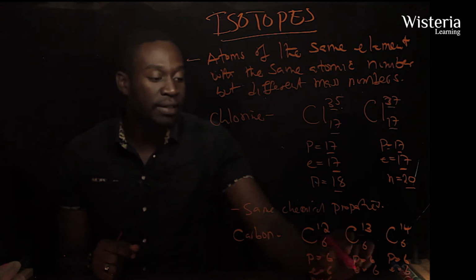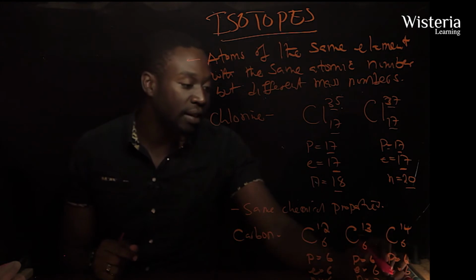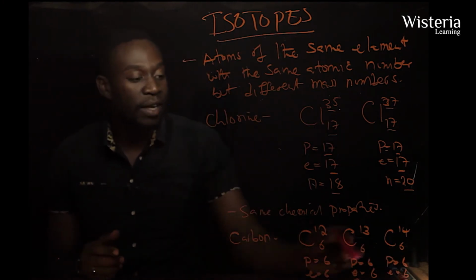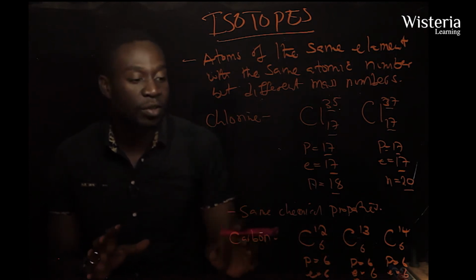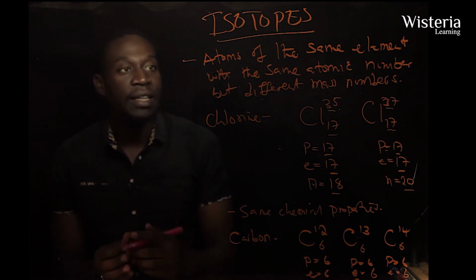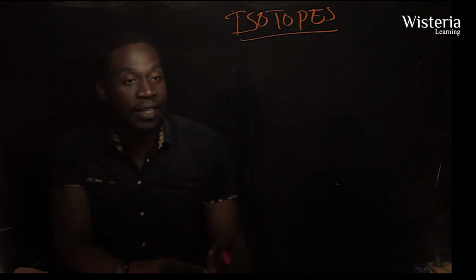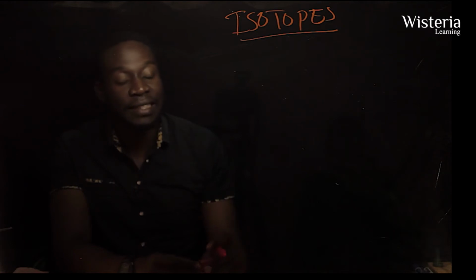Neutrons, here 6, here the neutrons are equal to 7, then here they are equal to 8. So again, we can define it as the same proton numbers but different numbers of neutrons. So all isotopes of the same element will react in the same way because the number of protons are the same.